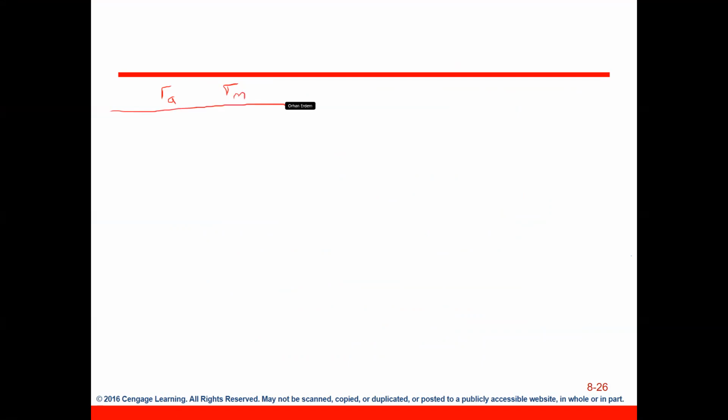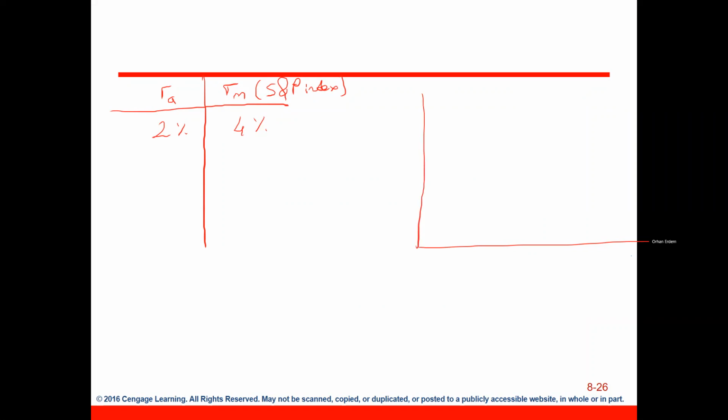What is the market? The market is an index, for example the S&P 500 index. It measures all of the stocks in the market. Say Apple's return is 2% and the market return is 4%. So we draw a line here. Always the stock is on the y-axis, and the market is always on the x-axis.